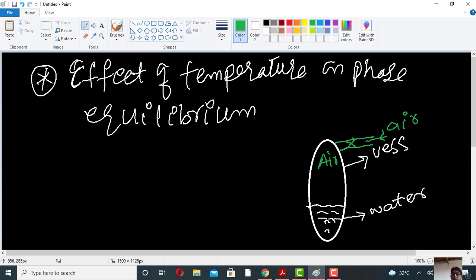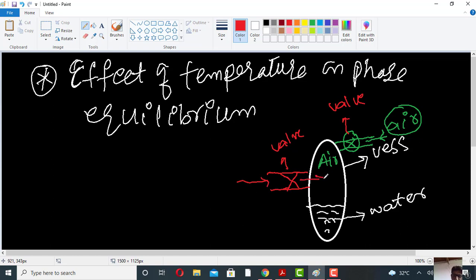After some air, we close the valve and disconnect the air supply. Then we enter sulfur dioxide into the vessel through a valve. This is the valve for sulfur dioxide. This is the valve for air.